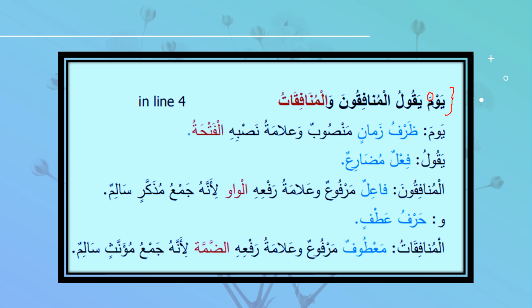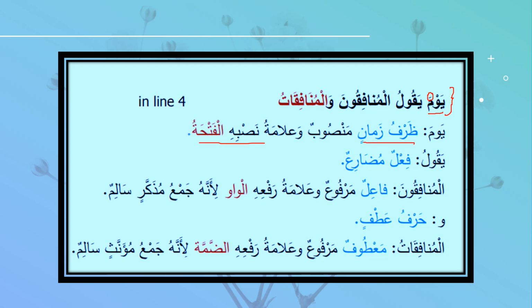So here it's acting as a zarf. Yawma zarf zaman, showing you the time. This particular noun Yawma refers to one particular day, the day of Qiyamah. So it's mansub, wa alamatu nasbihi al fatha. You have to give your answer as it has a fatha. It's acting as a zarf zamanin.